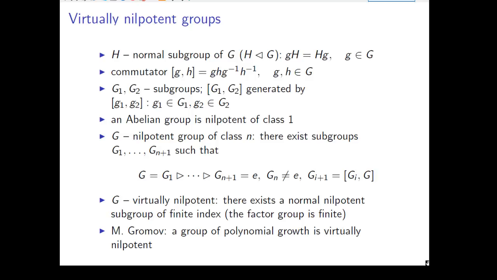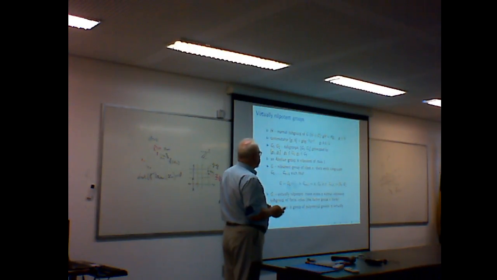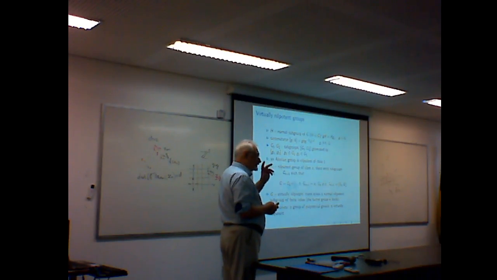I'm sorry, maybe it's too heavy algebra at first glance, but why are they important? There is a famous result by Mikhail Gromov that any group of polynomial growth is virtually nilpotent. It was a surprise for me that Gromov also got a kind of reductive shadowing theorem.